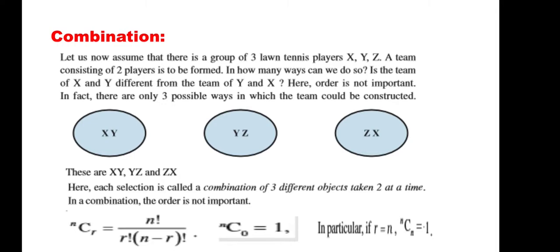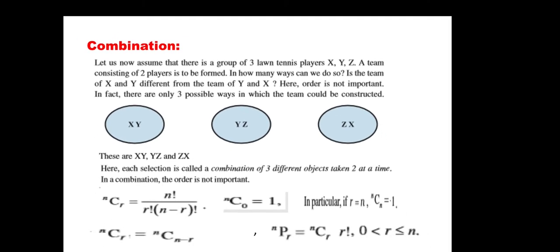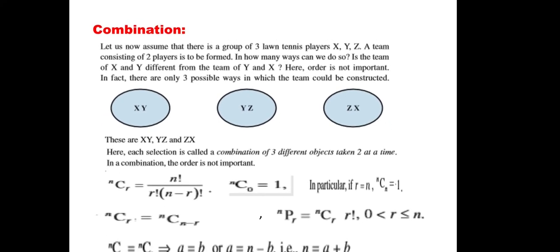So these are the three possible ways we can select, and this type of selection is called the combination of three things taken two at a time, so 3C2, which is nothing but 3.